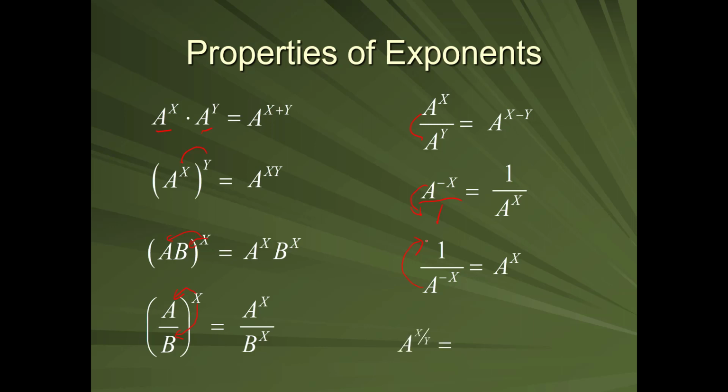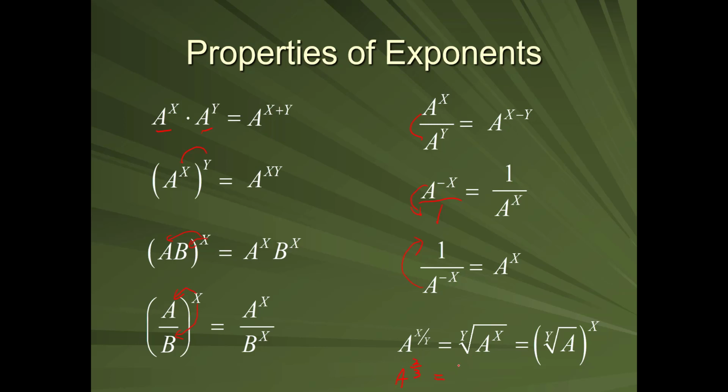And also if we have a raised to x over y, then you can just turn it into radicals. The power goes inside of the radical, and then the y becomes the index of the radical. Let me give you a quick example on this. For example, let's say we have a to the 2/3 power.